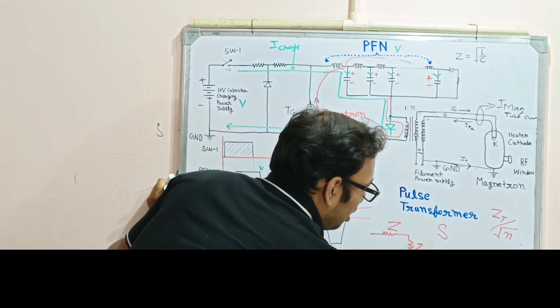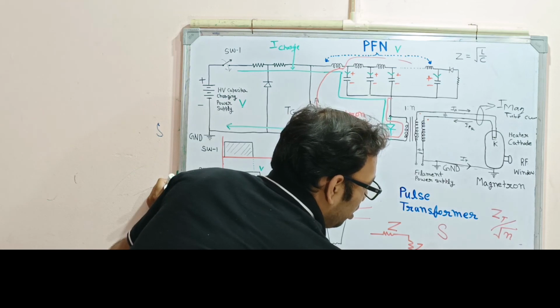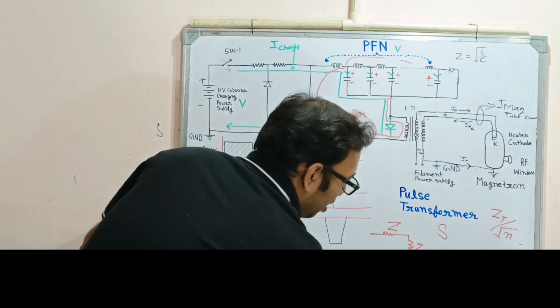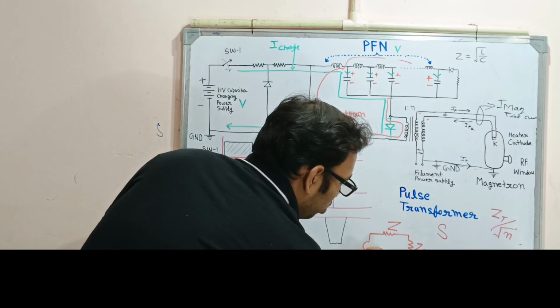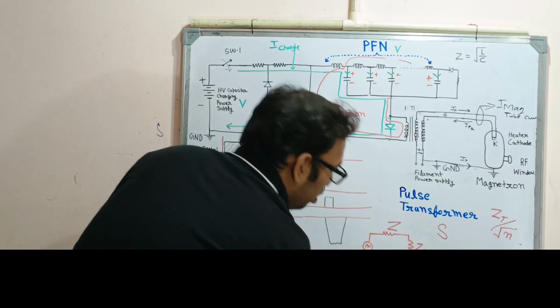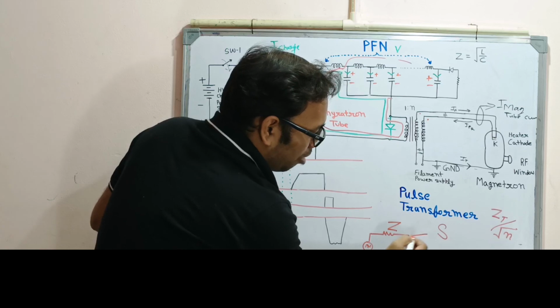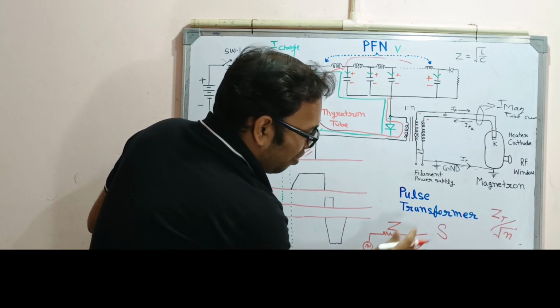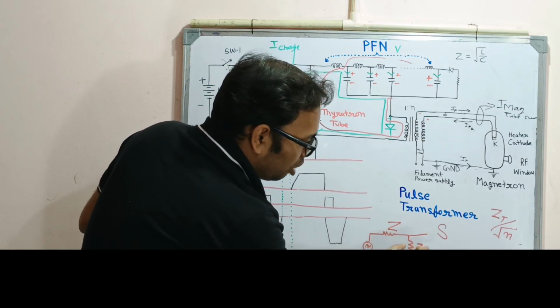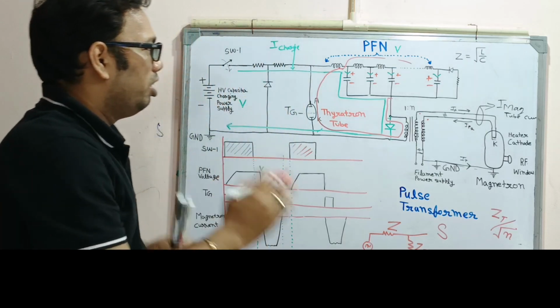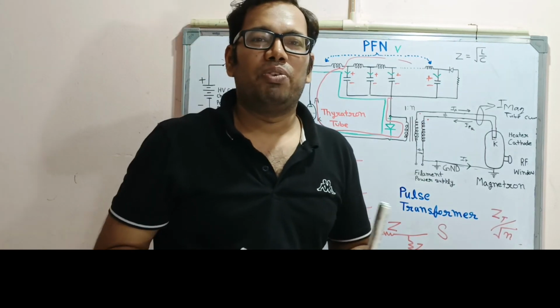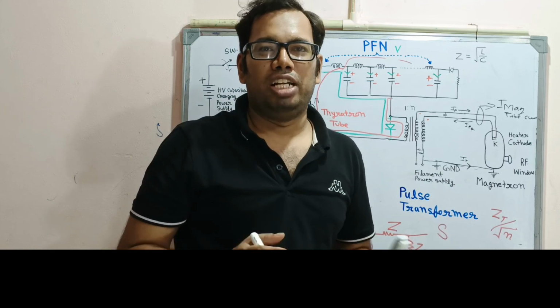This is the tube impedance referred to the primary side, and this is the source network. For maximum power transfer, it will happen when Z equals ZTP. These things we have to remember whenever we design any modulator.